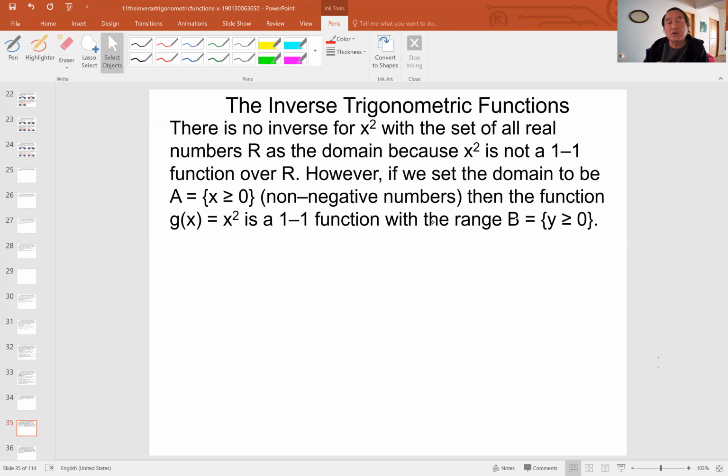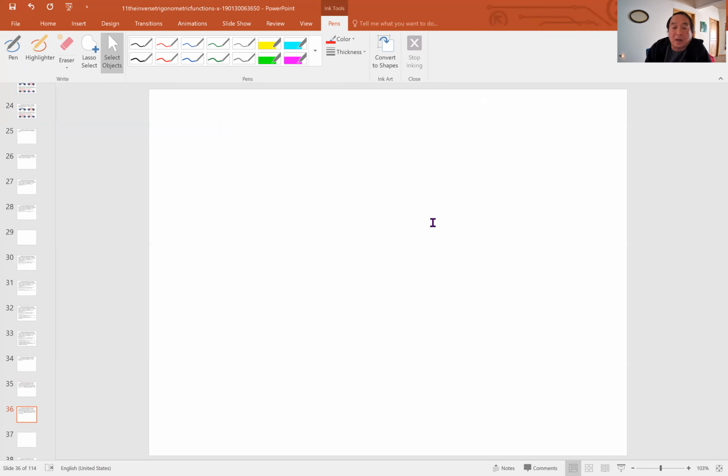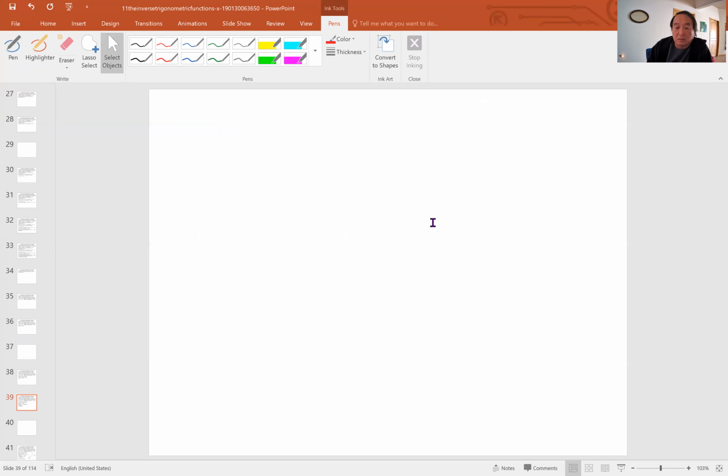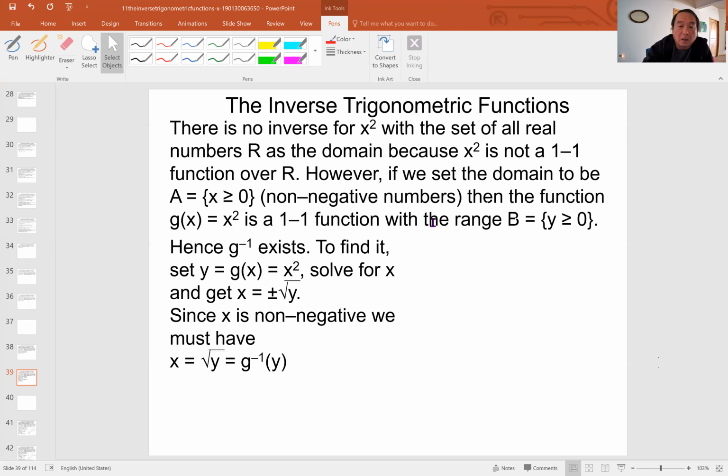So if I restrict my function and only look at the portion where x is positive or 0, then when I give you the number 9, I know exactly what x is. x is going to be the square root of 9. That exists because I know where it came from, because the domain is restricted.